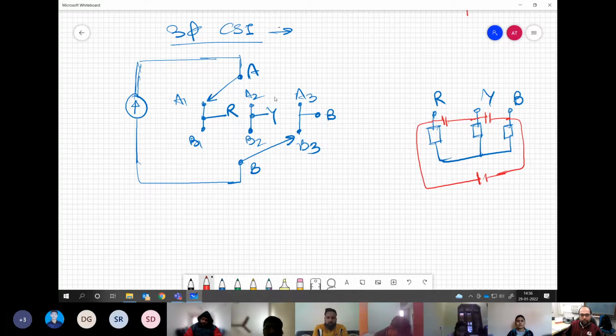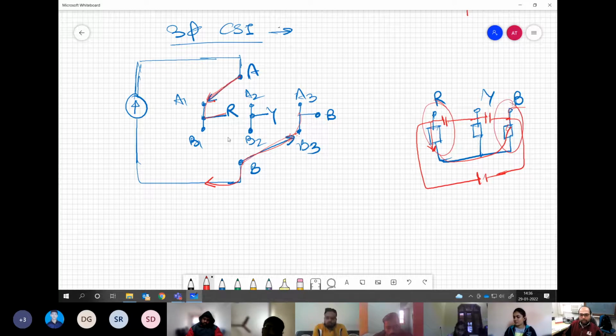So what will happen if A is connected to A1 and say B is connected to B3? So current will flow through this A1 to R, which means through this load R, and because B is connected to B3, then to here, and then through this B terminal, it will return back to the source. So at a time, two phases will conduct.